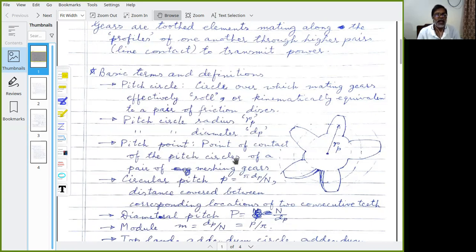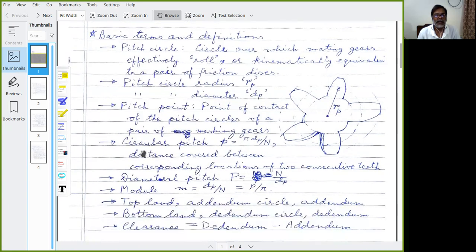Okay. Now, based on the size and the number of teeth of the gear, there are a few definitions. In fact, one is independent, others are related to that. So the circular pitch is pi d divided by the number of teeth, N. That is, the circumference divided by the number of teeth.